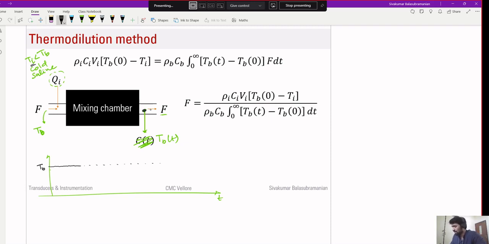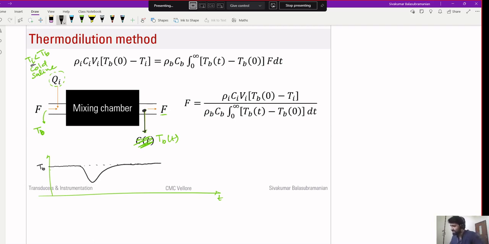Basically, the temperature of the blood that is passing through your temperature sensor. It will decrease and then go back to this.